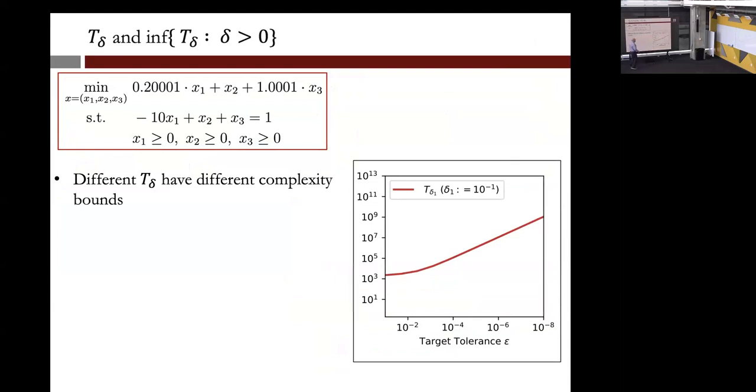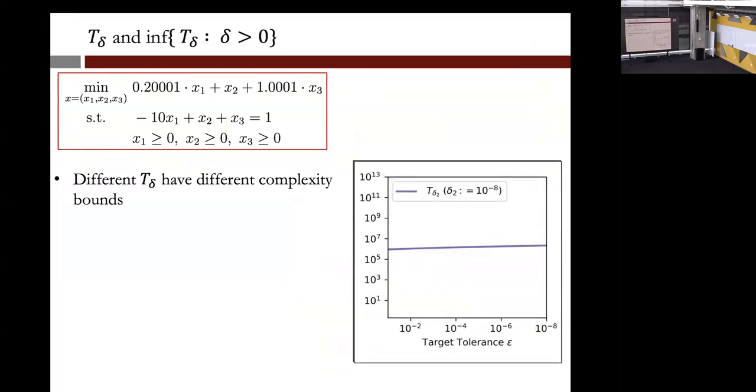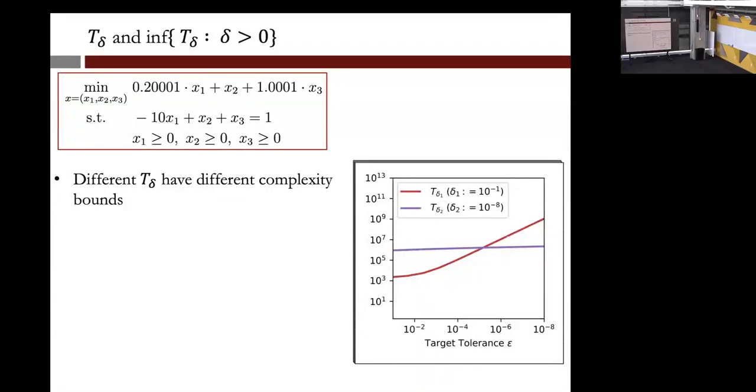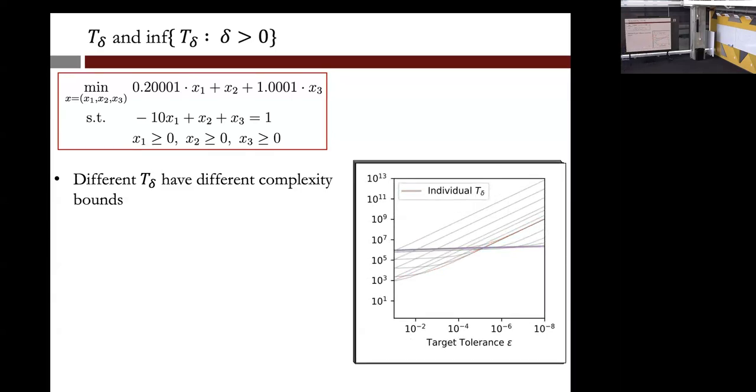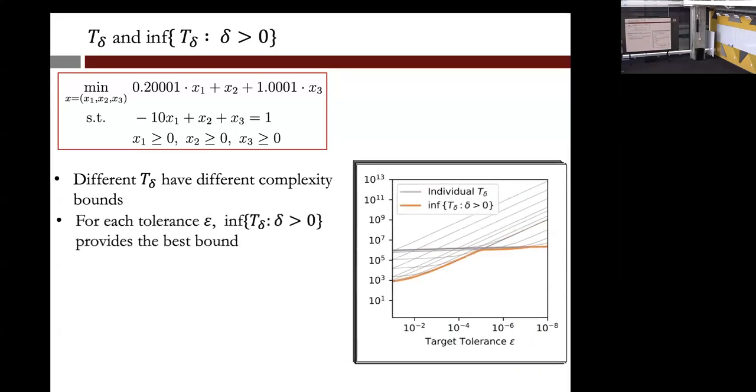I could instead do delta equal 10 to the minus 8th, and I get a different bound. Then my actual bound is going to be the minimum of these, but I could try a whole bunch of different ones as well, and it's going to be the infimum of that whole envelope.